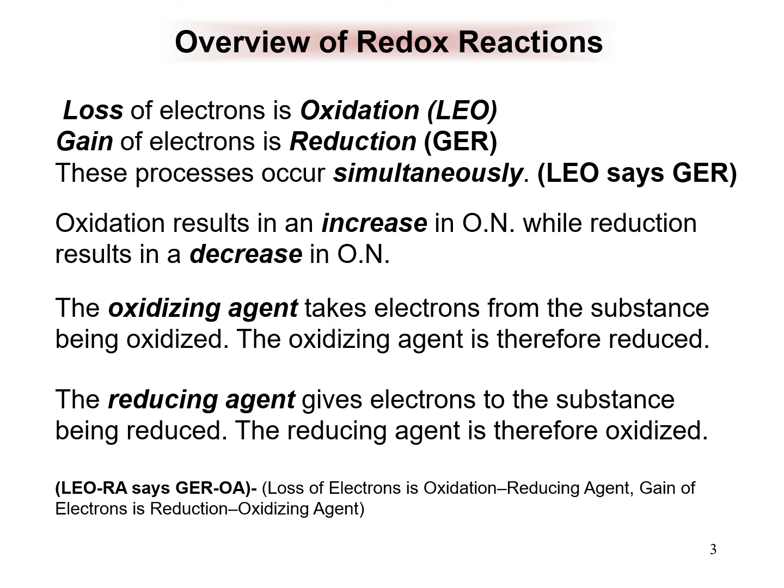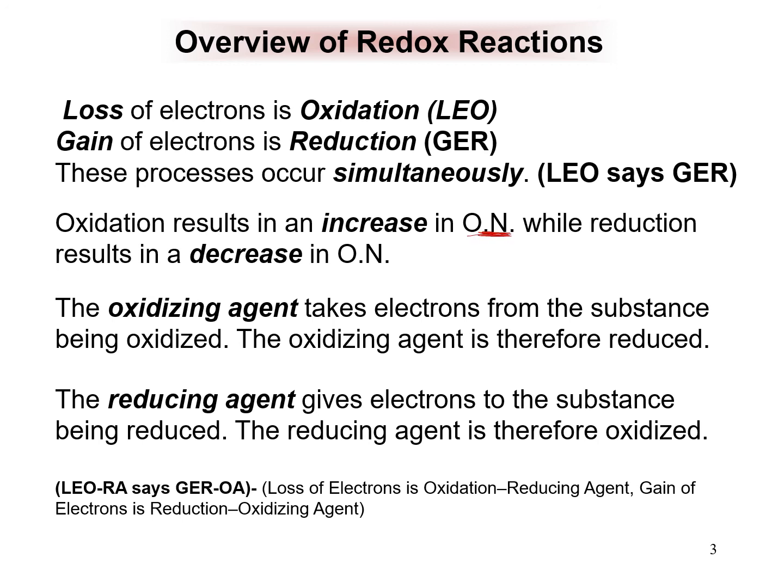Now, whenever something is losing electrons, the other has to gain electrons. That's why, in order to make these reactions complete, one substance has to be oxidized and the other has to be reduced. How can you identify? One way is in terms of electrons, which is loss or gain of electrons. The other is in terms of oxidation number.